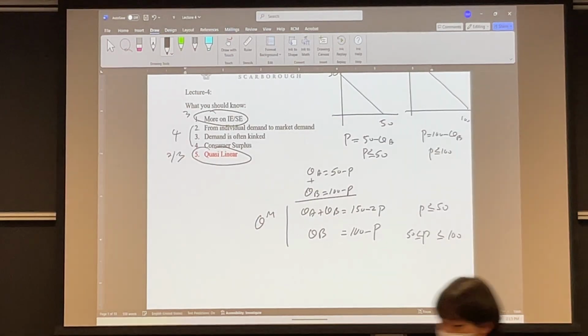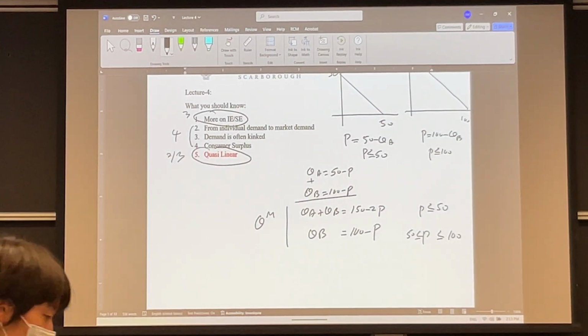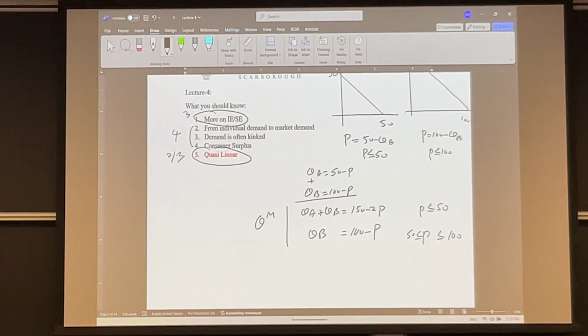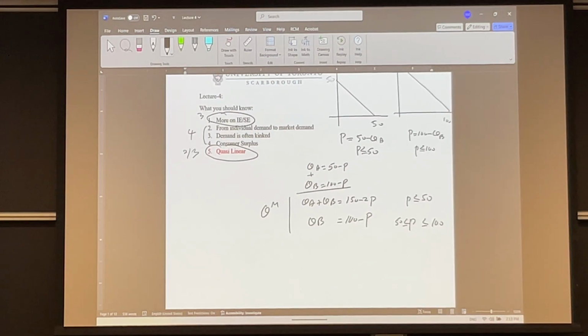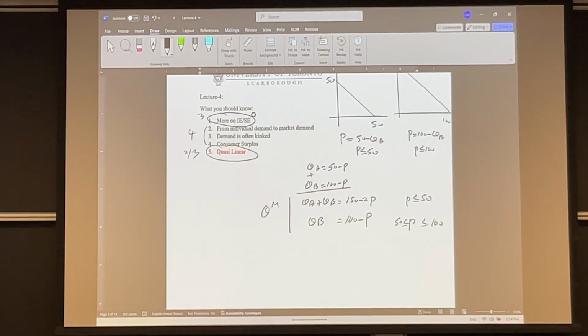So unless you have all consumers having the same reservation price, which is rare, the market demand becomes kinked. The higher the price, the more people leave the market. The lower the price, the more people join in. So in this case, the market demand is kinked once, because you have 2 people with 2 reservation prices. If you have like 100 people with 100 reservation prices, you're going to end up with 99 kinks.